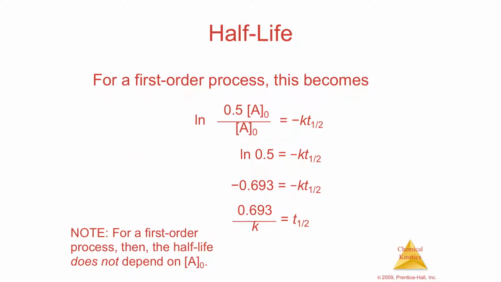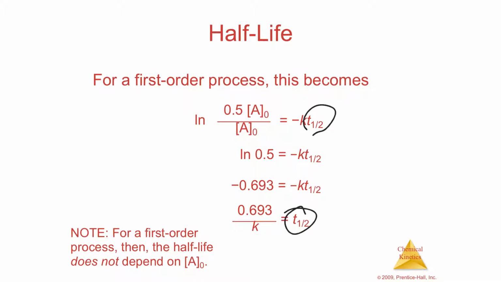So the natural log of half of the original value divided by the original value is negative k t to the 1/2. T to the 1/2 is the amount of time it takes to break down half of the stuff. That's called the half-life. So we just kind of forced it here.